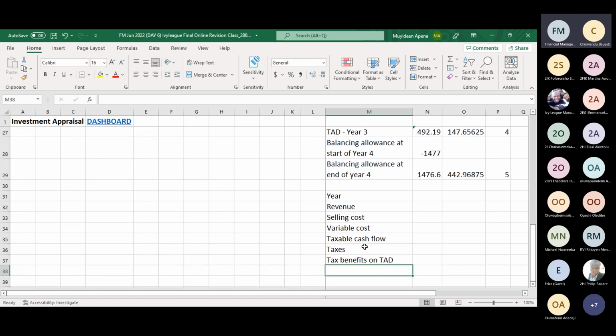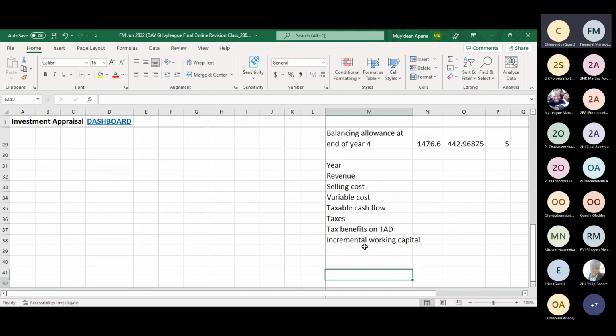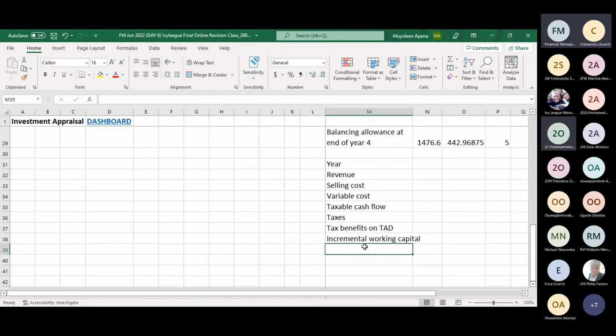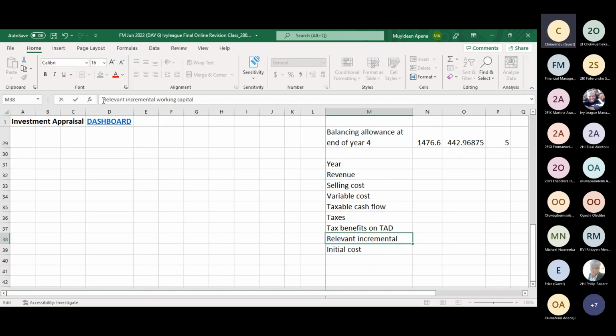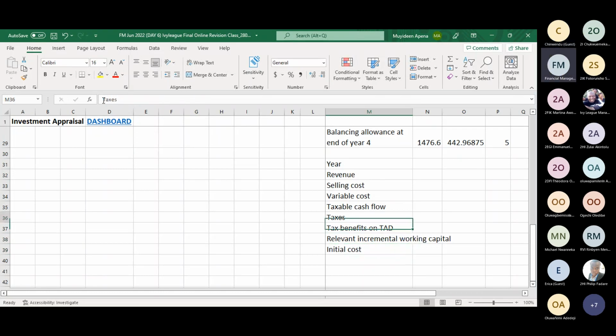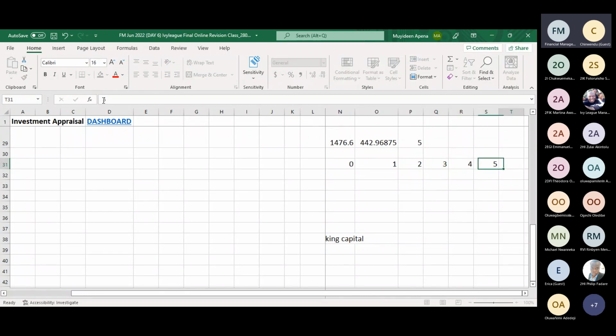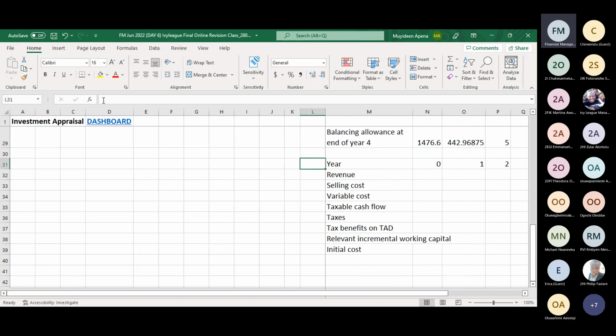There's no scrap, so we'll bring in working capital. What else are we bringing? It should be the relevant incremental initial cost. Yes, relevant, that's what we are bringing. Exactly. So let's have it. This is year 0, year 1, year 2, year 3, year 4, year 5, because of the TAD, year 5.